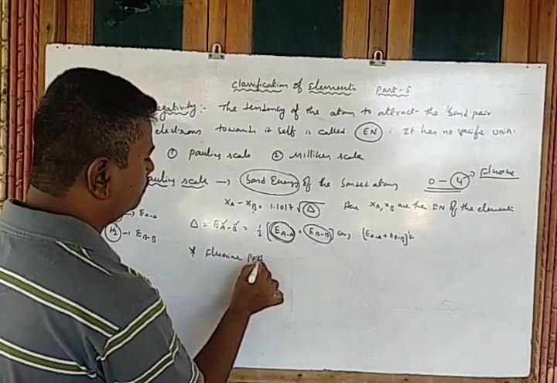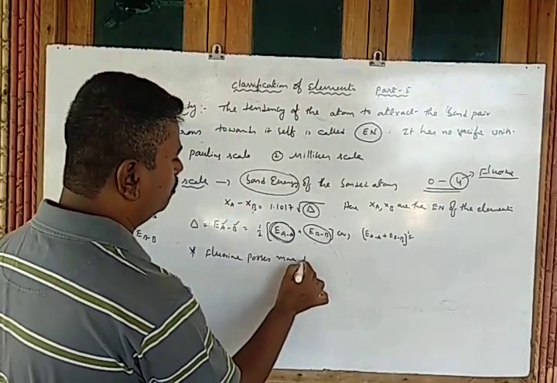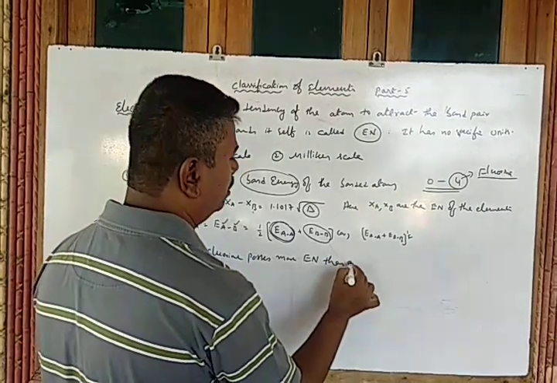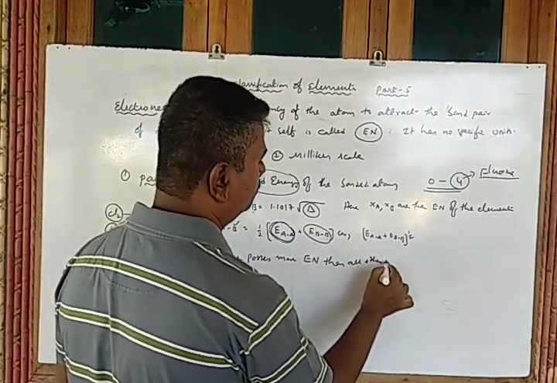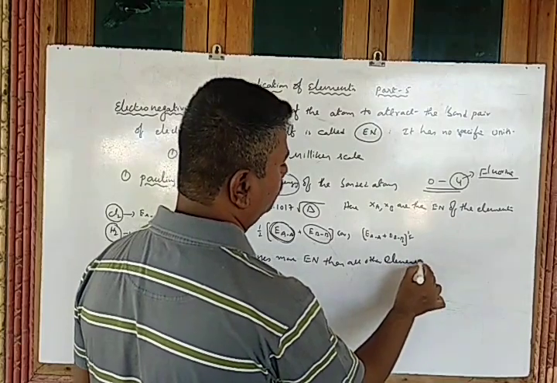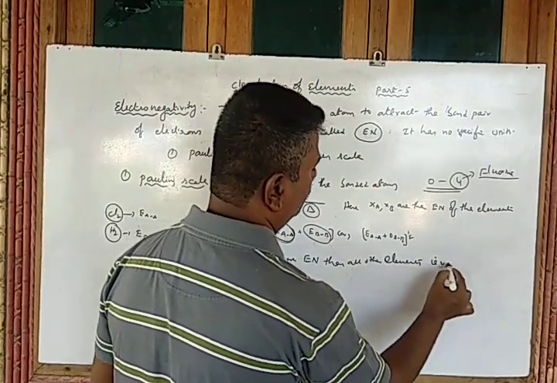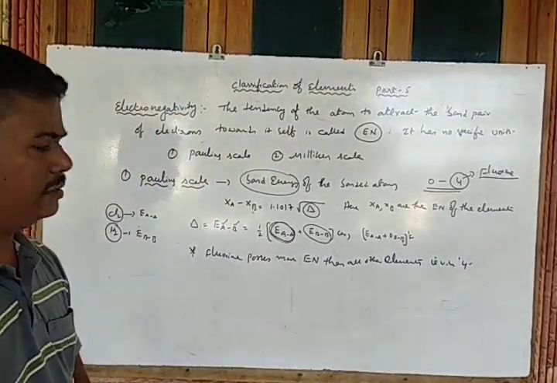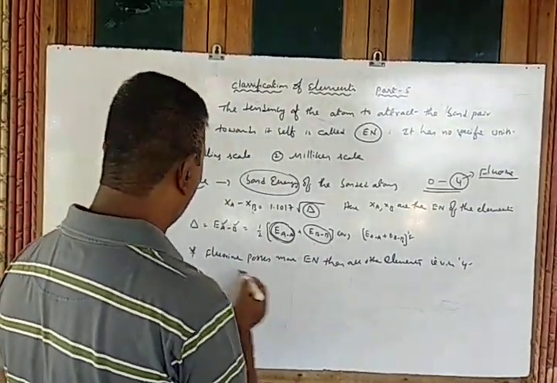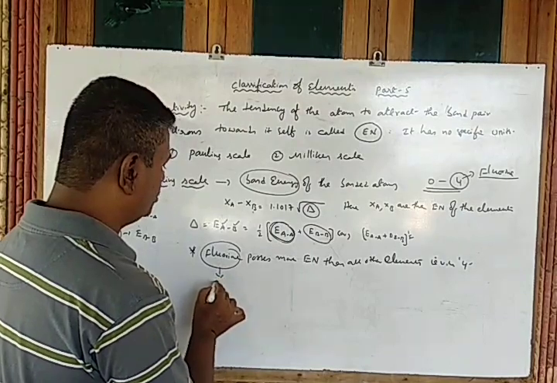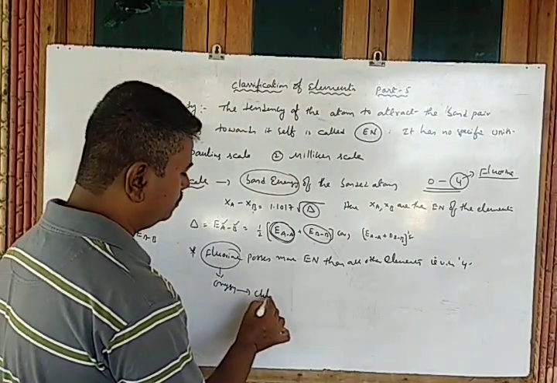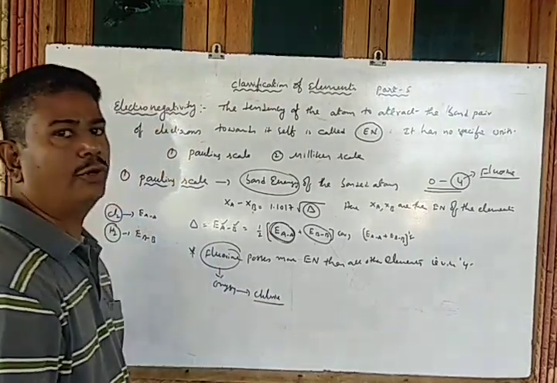Fluorine possesses more electronegativity than all other elements; the value is 4. After fluorine comes oxygen, and after that chlorine is more electronegative.